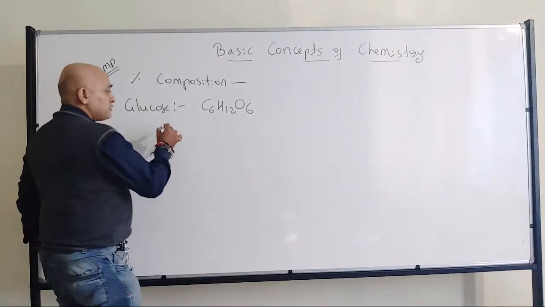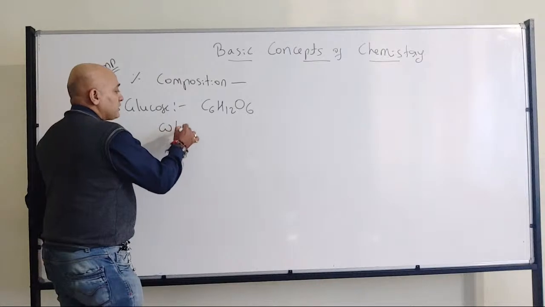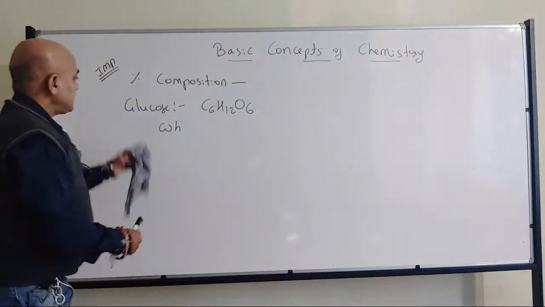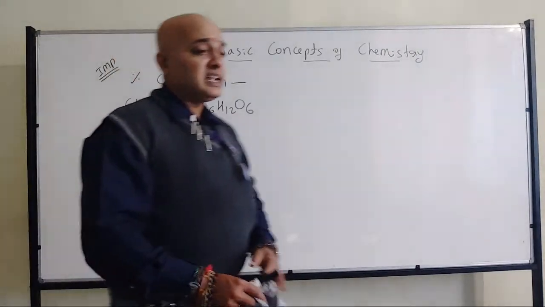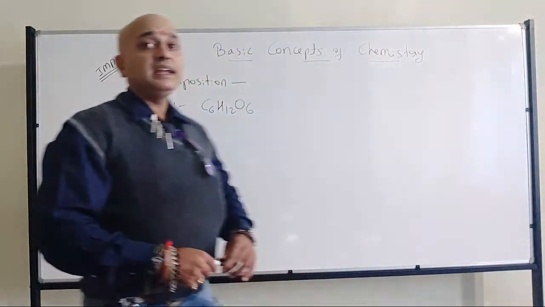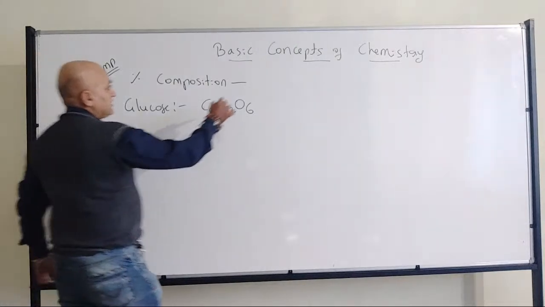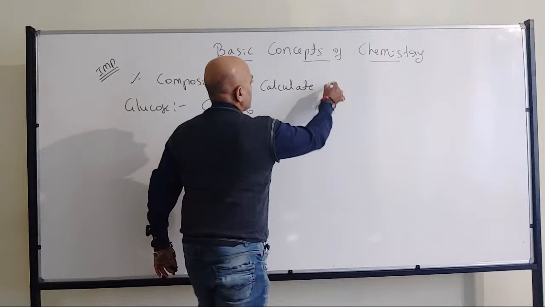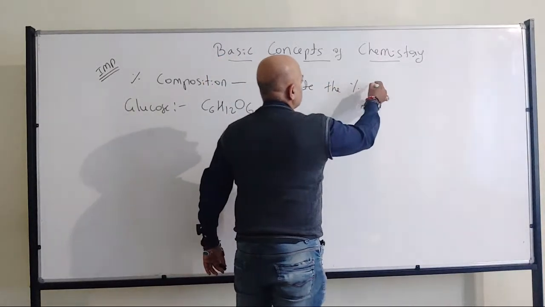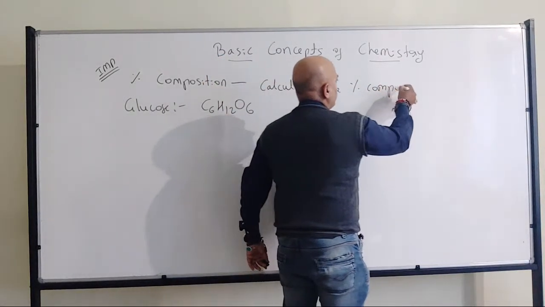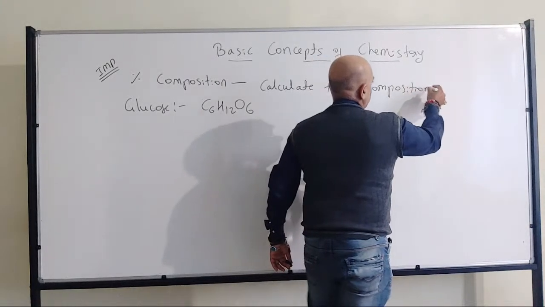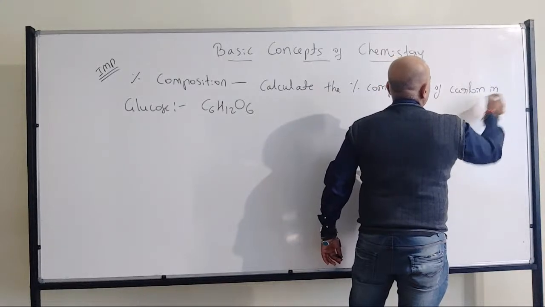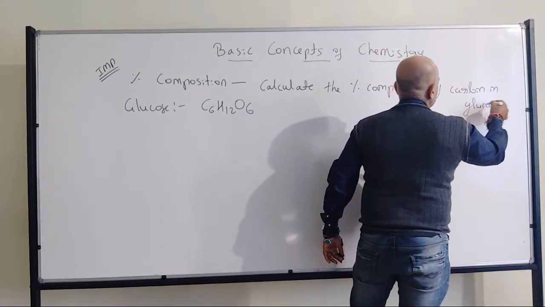C6H12O6. Now the question here is: calculate the percent composition of carbon in glucose.